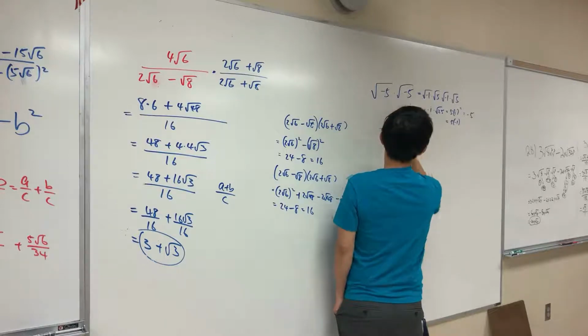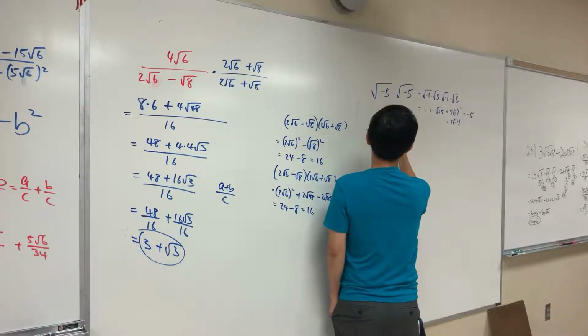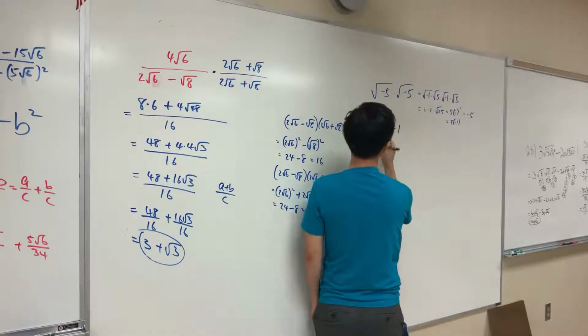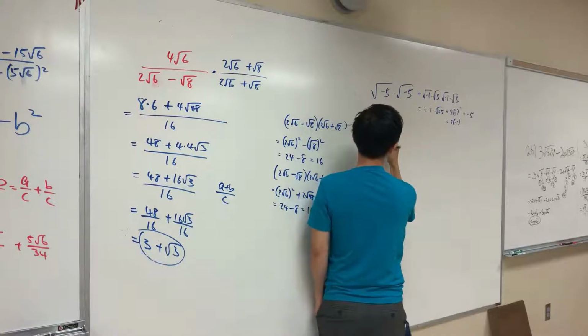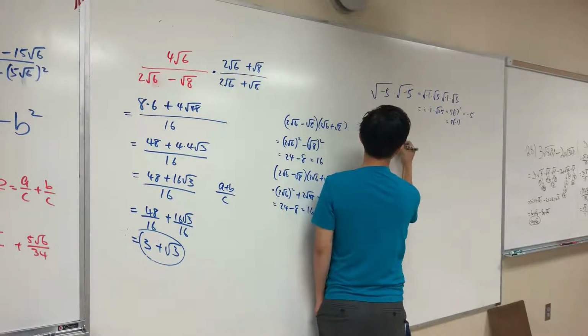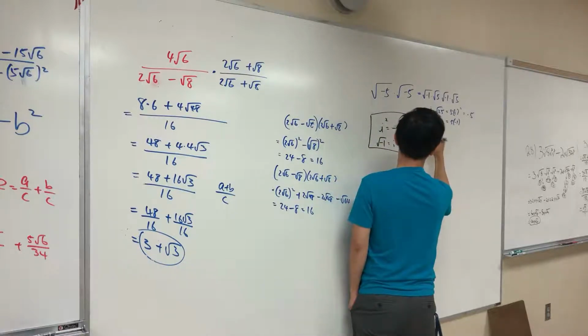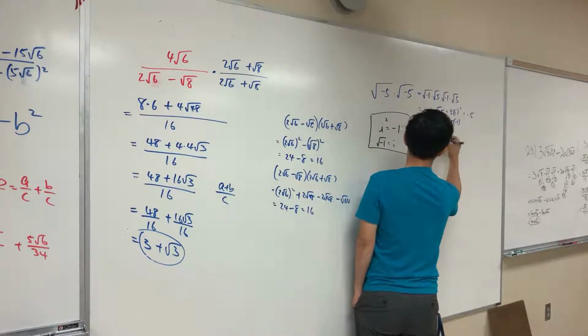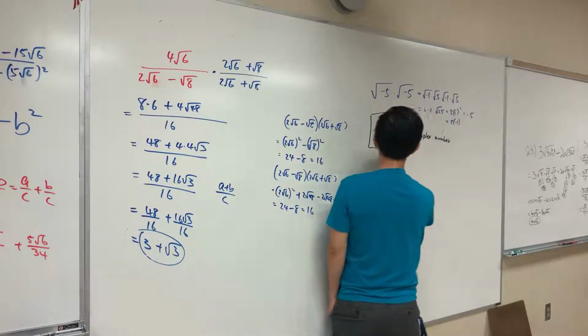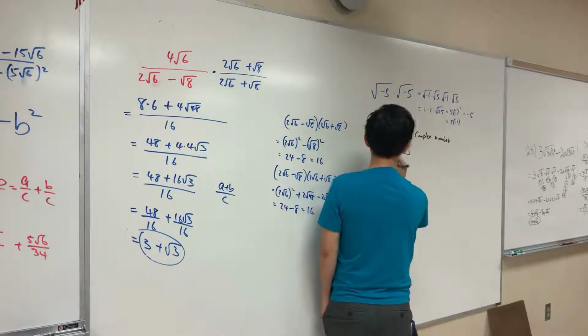Okay, so this one, we had to know two rules. i squared is equal to what? Negative 1. So you need to make sure you know this rule. Square root of negative 1 equals i. So those are the two rules that deal with complex numbers. A complex number is always written in a plus bi form.